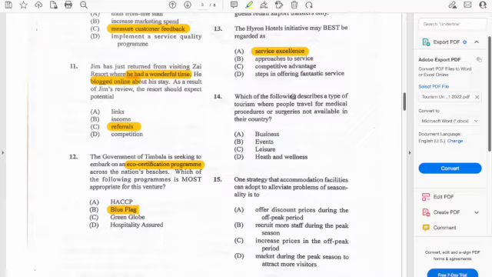Now, which of the following describes a type of tourist where people travel for medical procedures or surgeries not available in their country? It would definitely be health and wellness.